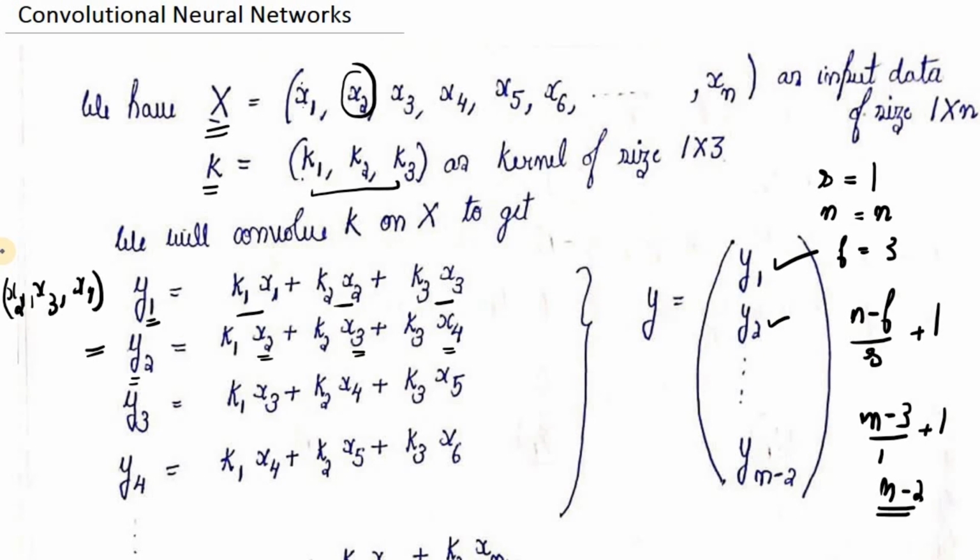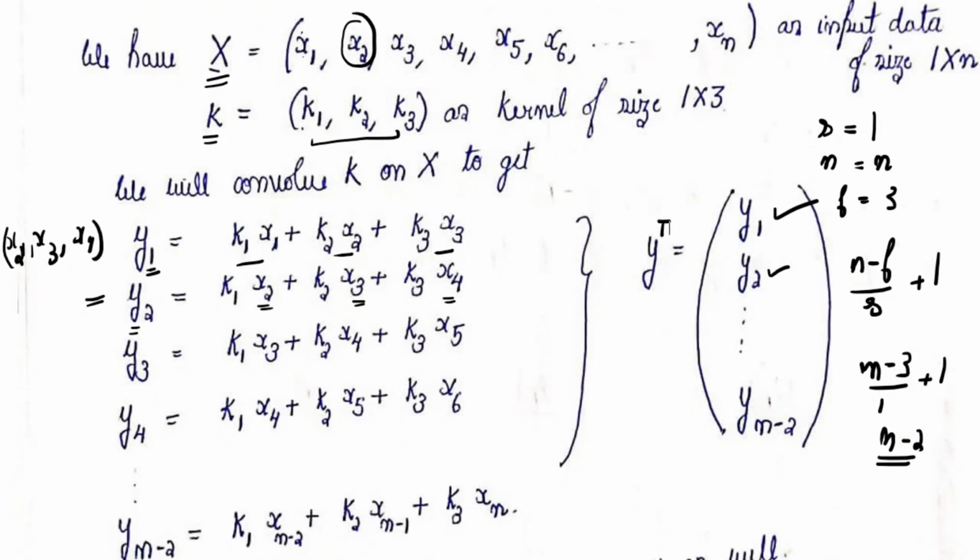So it will be a vector with 1 row and n minus 2 columns. So it's like y transpose over here. This is x, which is a row vector. We have a kernel k, and on performing the convolution operation on x, we get a row vector which looks like this. So this is how we apply a convolution. This is one step of convolution which we have applied till now.